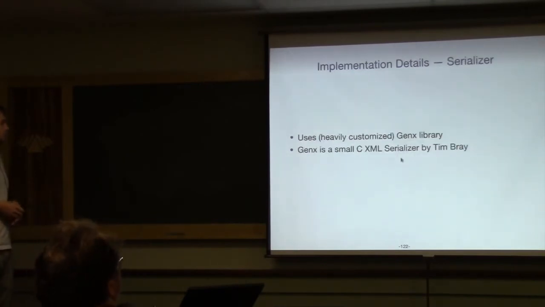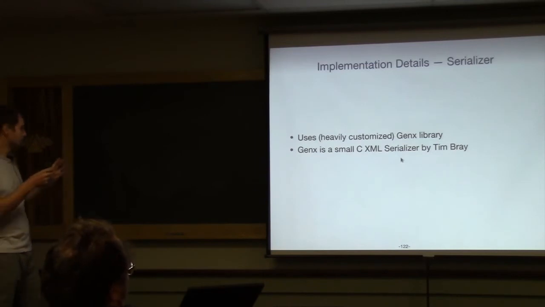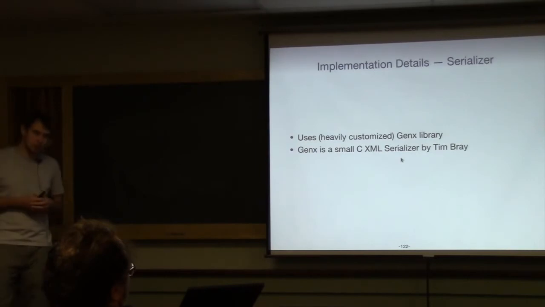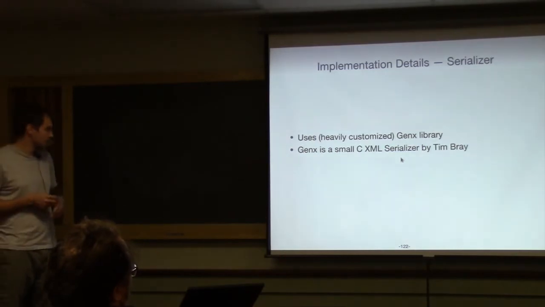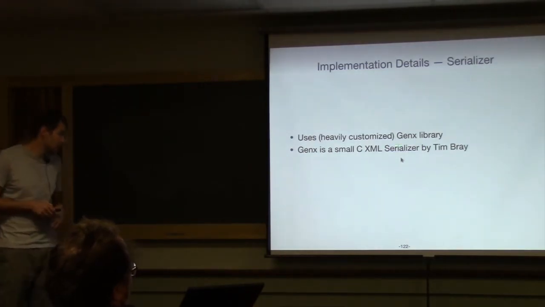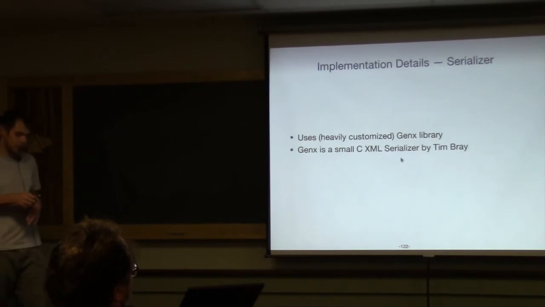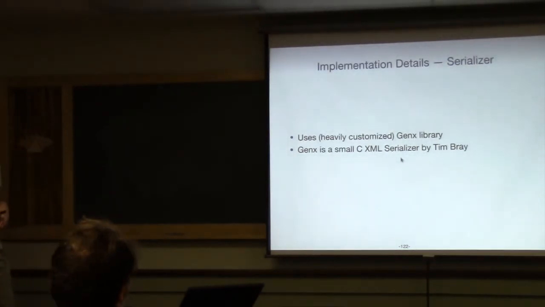Okay, so the parser uses Expat. The serializer is easier to implement from scratch, but I decided not to do that either. Instead I use a small C serialization library that was initially written by Tim Bray, and I've extended and fixed it quite a bit for the XSD/e project.